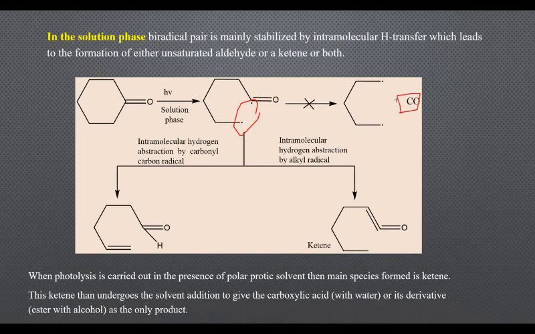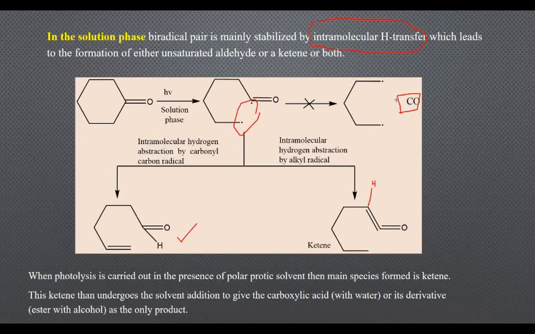So the process which is major is intramolecular hydrogen abstraction, either by alkyl radical. Here the alkyl radical abstracts a hydrogen from this beta carbon to produce this ketene, or the hydrogen abstraction by this acyl radical from this beta carbon of the alkyl radical forms unsaturated aldehyde.